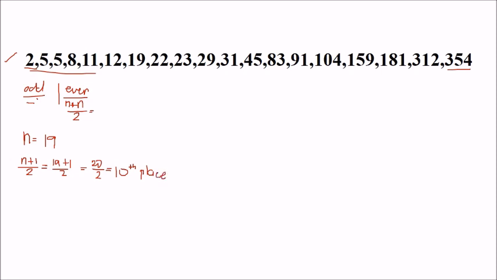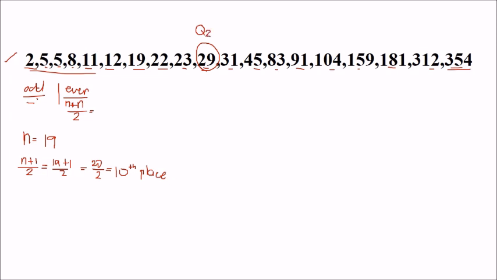So, let's count 1, 2, 3, 4, 5, 6, 7, 8, 9, 10. Okay, ang 29. 1, 2, 3, 4, 5, 6, 7, 8, 9, 10. So, nakuha na nato ang middle value. So, di ba class, atong middle value mao ang Q2 or ato ang median.